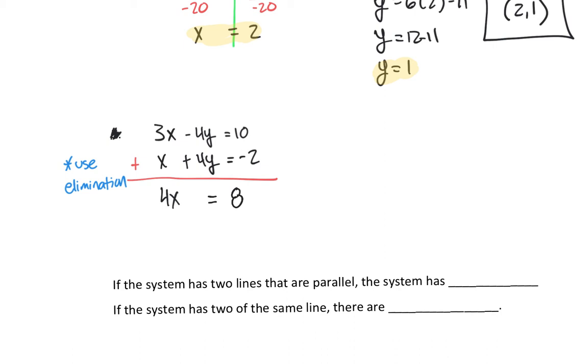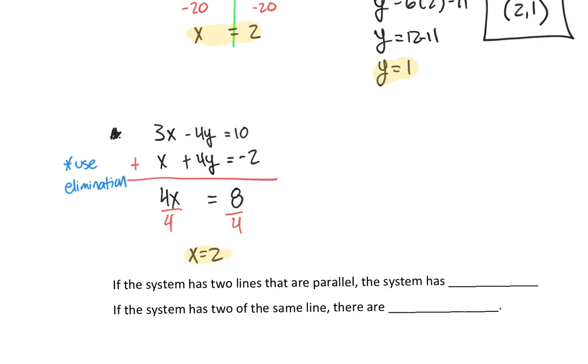And so now I have an equation with no more y's available. And so they're all gone. And so now I can just go about solving this like I normally would. I'm going to divide both sides by 4. And when I divide both sides by 4, that's going to yield x equals 2. So I solved for x by using the elimination method.